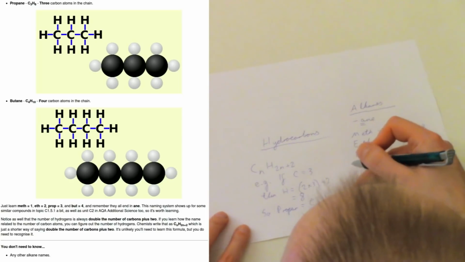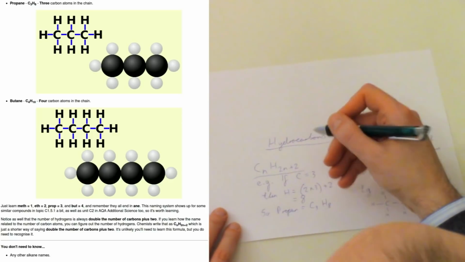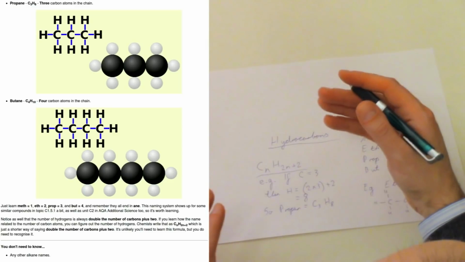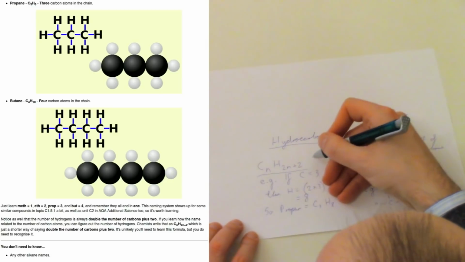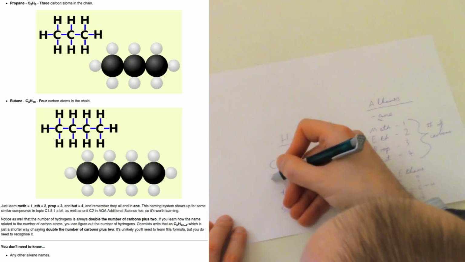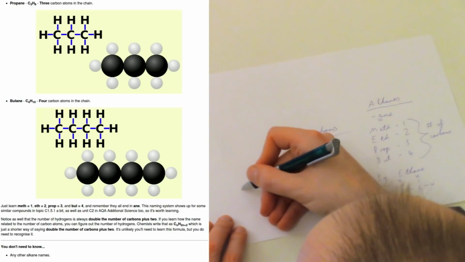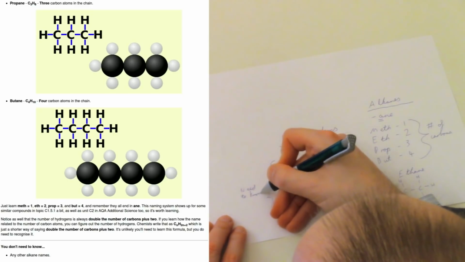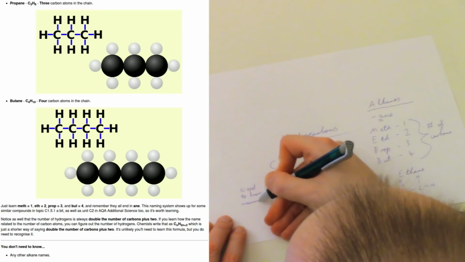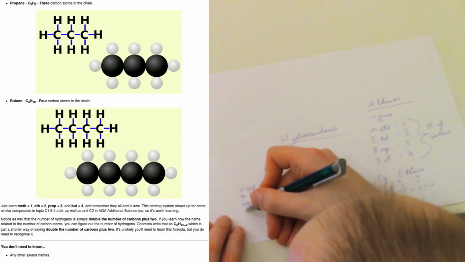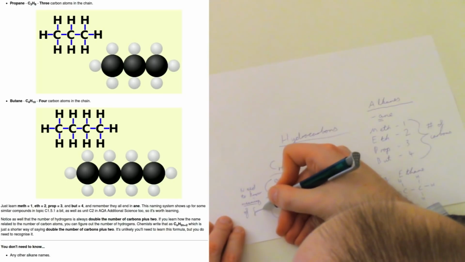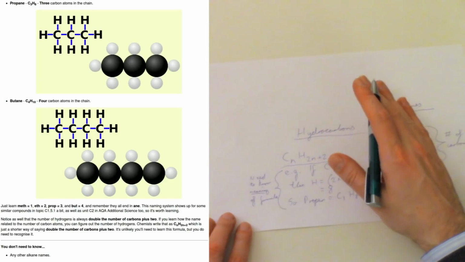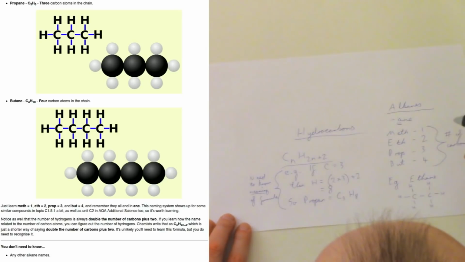This formula I need to know what that means. I don't need to remember the formula off the top of my head. I just need to know, what does this mean? So I'm going to put a little note here. I need to know the meaning of the formula. Okay, I'm not going to need to be able to recall that formula off the top of my head. I just need to know what it means.